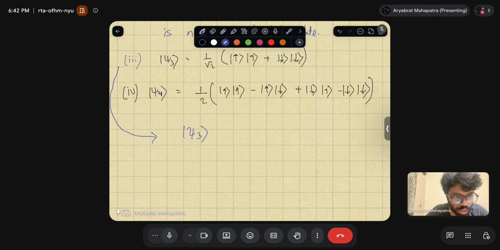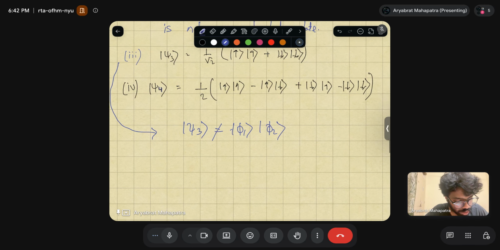It cannot be factorized, or reduced to some product state like phi 1, phi 2, unlike the previous one. So that is why psi 3 is an entangled state.